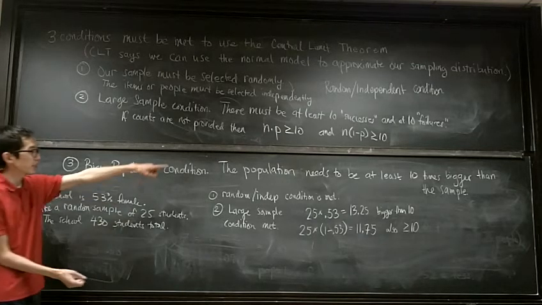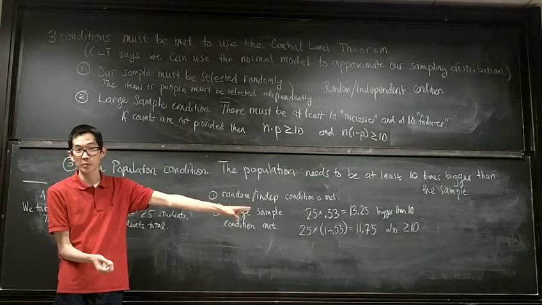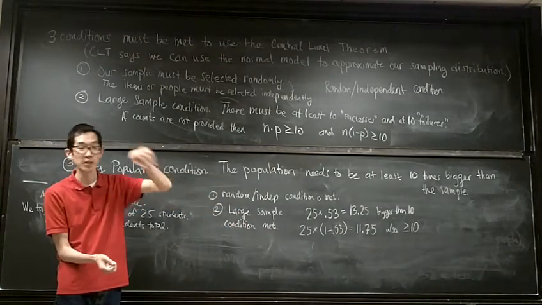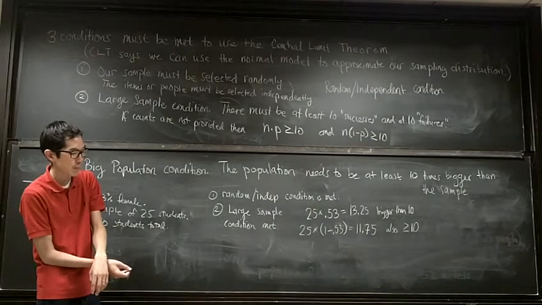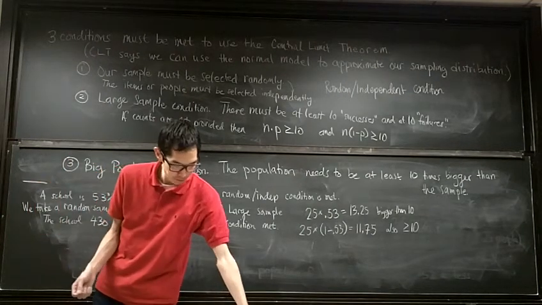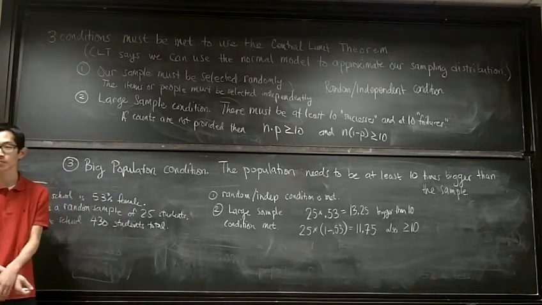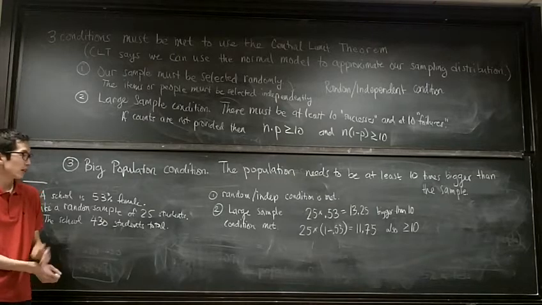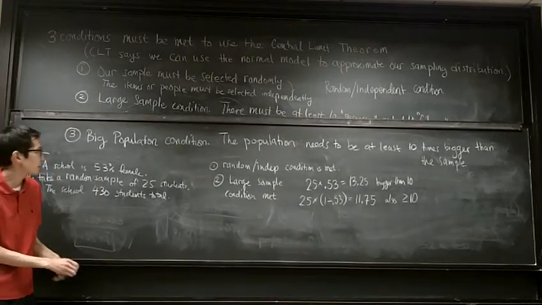I'm just checking n times p and n times 1 minus p, and I want to make sure both of those numbers are bigger than 10. And the third condition, what's my third condition? Big population condition.